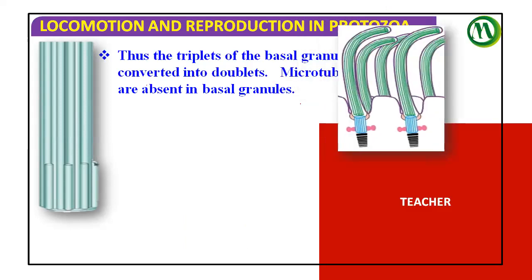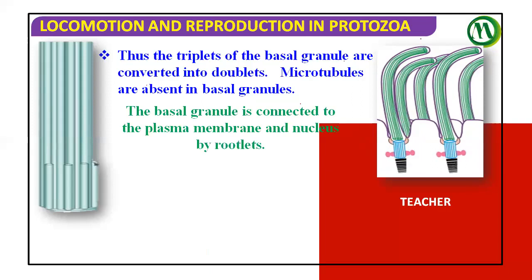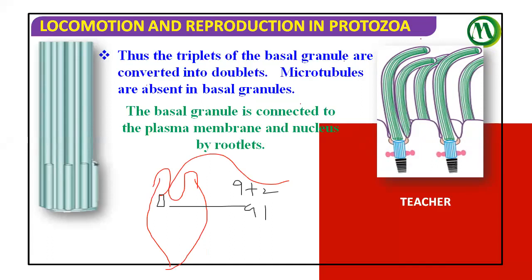Next, what is another piece of information? The basal granule is connected to the plasma membrane and nucleus by rootlets. I'll show that in the Euglena so that you better understand. This is the flagellum. Next I have to show the basal granule. We said here 9 plus 2, and here 9 plus 0. Then another structure we are making: the rootlet.